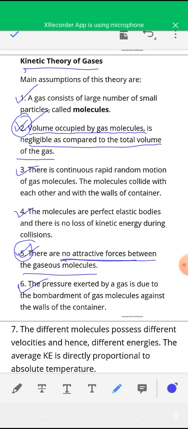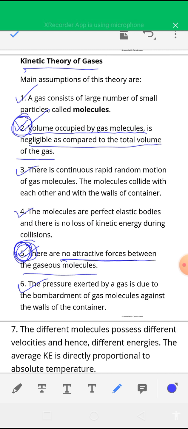And for real gases you have to make correction, because these two are faulty assumptions. Point number 2, volume occupied by a gas molecule is negligible as compared to total volume of the gas, but in reality the volume occupied by a gas is not negligible.